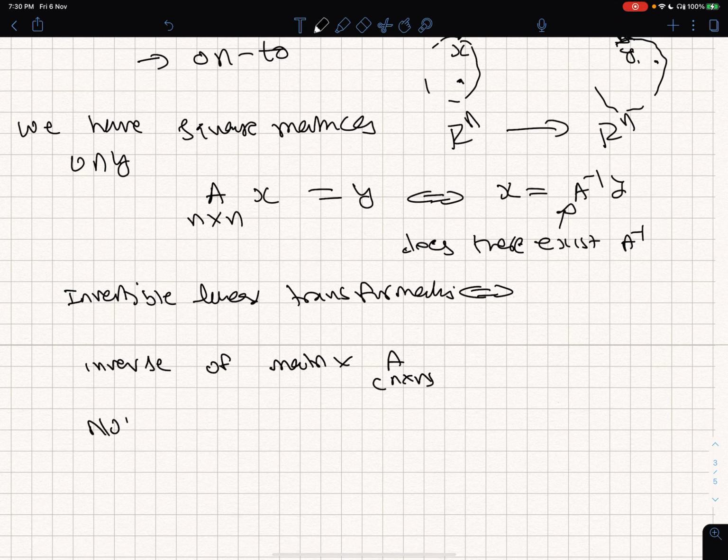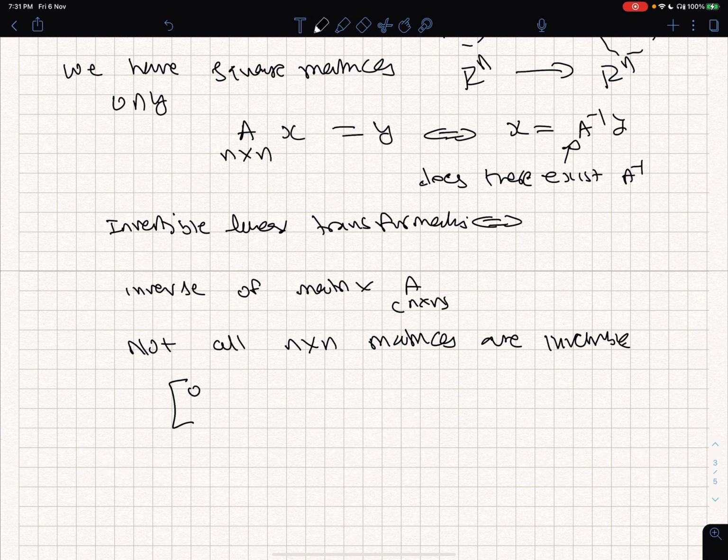And not all n cross n matrices are invertible. For example, in the case of a 2 by 2 matrix, take 0 1 in the first row. This is not an invertible matrix, and hence remember that you should never write A inverse unless you are sure that your A matrix is invertible. You should be very sure.